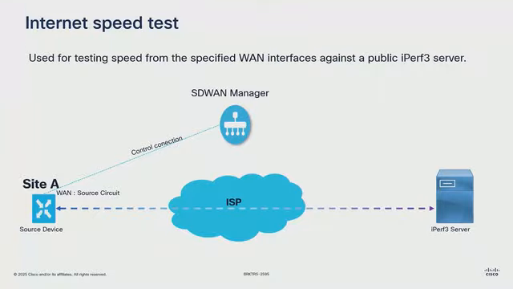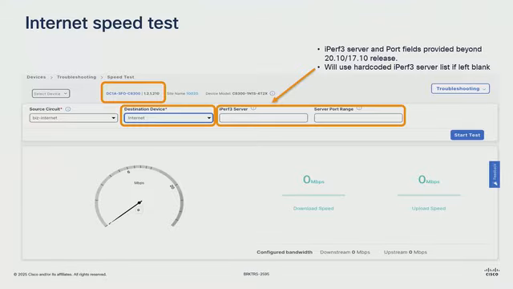If we talk about internet speed test, it can be utilized to test the specified WAN interface bandwidth again towards any other public or private type of server. I'll come to that private part. Now, while we had this in the initial days, some of the customers came back, saying, you know what, we don't want to use the public type of servers. They do not give us the correct results. I have a private type of server of mine. Can I utilize that?